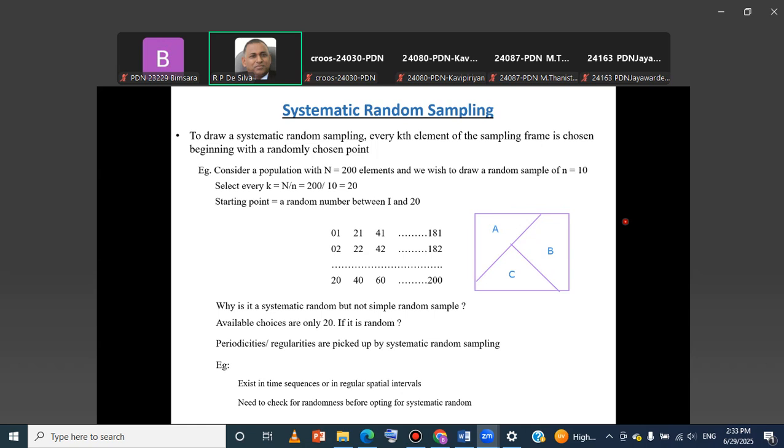For example, you start from here randomly and take a sample, then take the same spacing of samples along the line, and then go and take samples here.